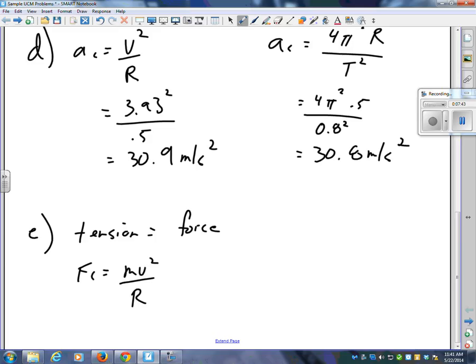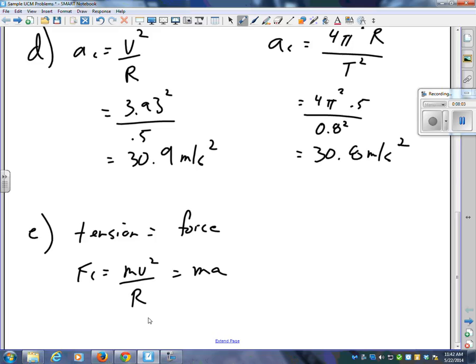In fact, could we not say that the force is equal to mass times acceleration and use this number right there? You can try it, because after all, this a right here is equal to v squared over r.